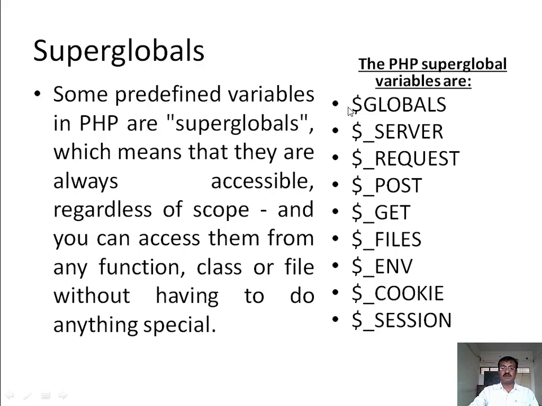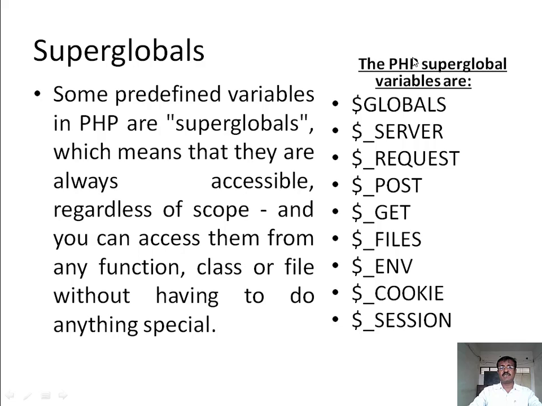These are predefined variables which can be accessed from any part of your script without having to do anything special. Such variables are called super globals or super global variables.